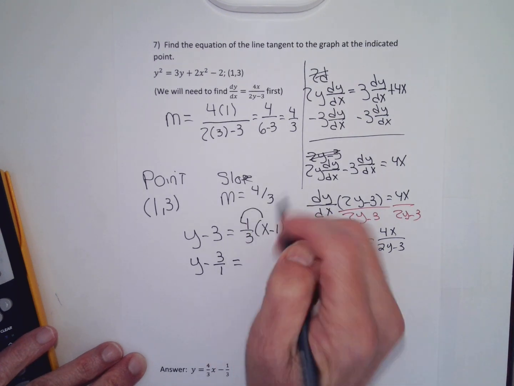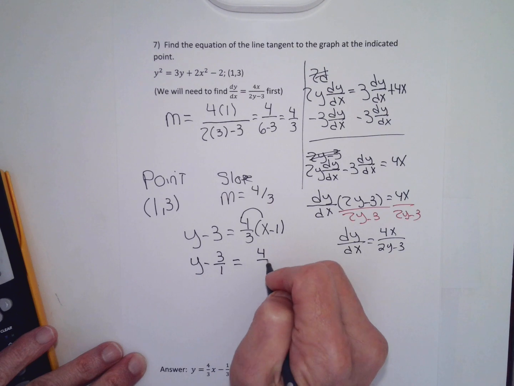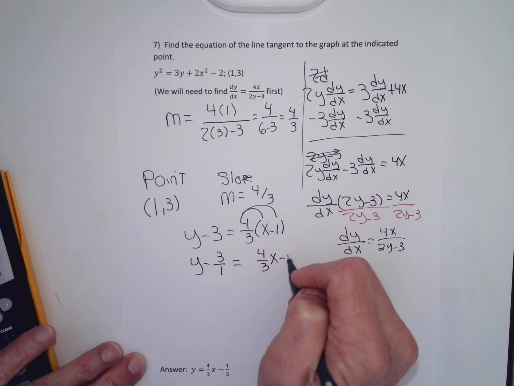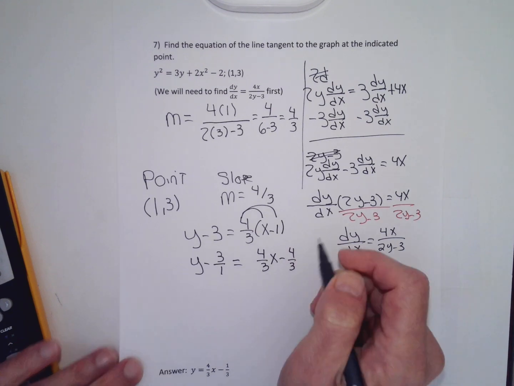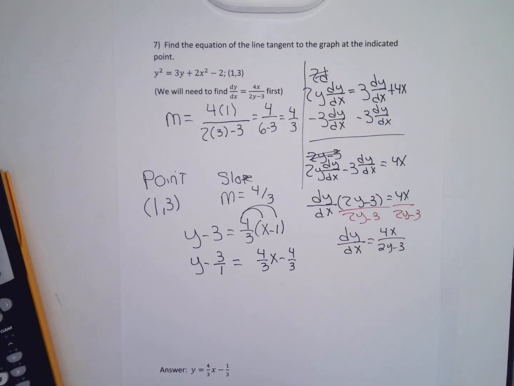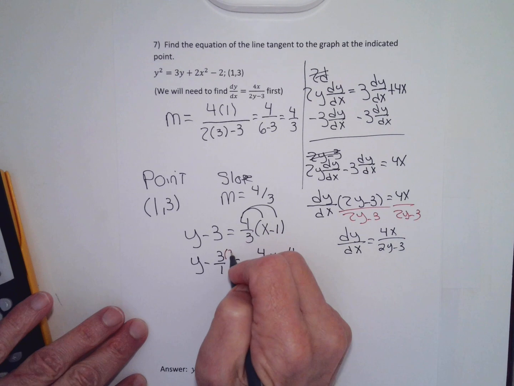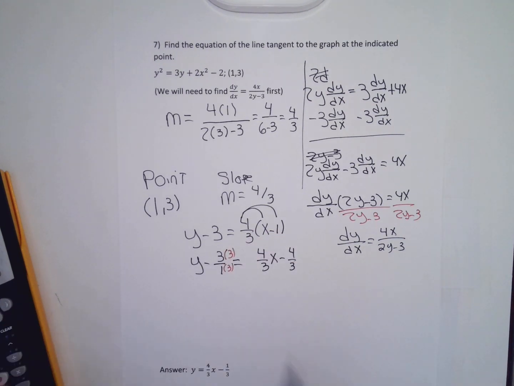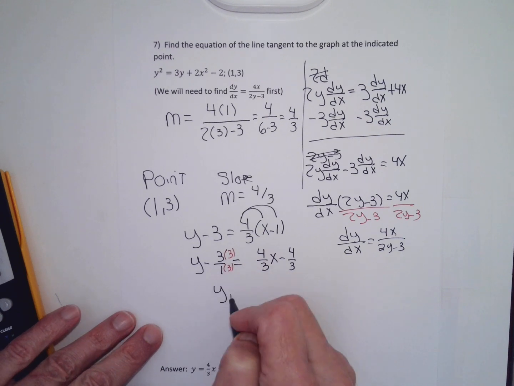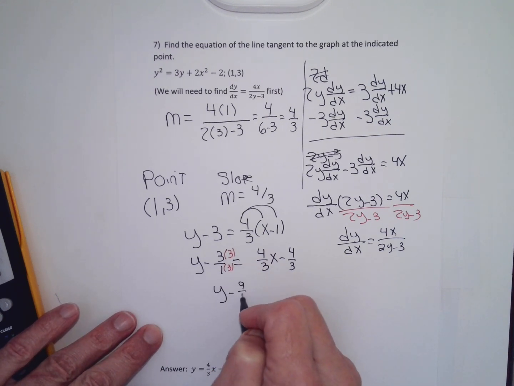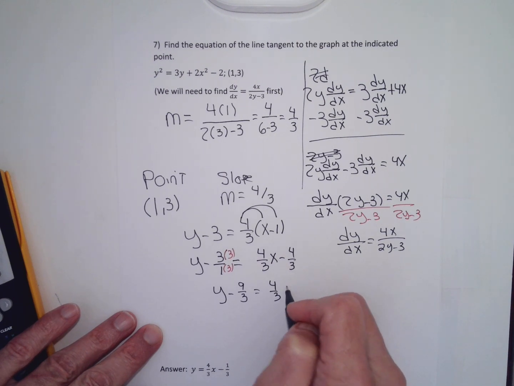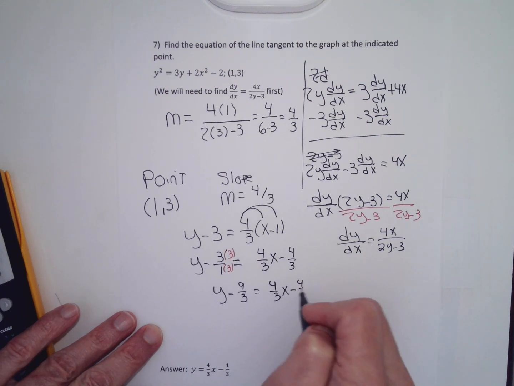And then I'm going to multiply 4/3 times x to get 4/3 x, 4/3 times minus 1 to get minus 4/3. And now I need to set it up to solve for y. So this 3 that I snuck in and wrote as a fraction, I'm going to multiply by 3 over 3. This is going to give me y minus 9 over 3 equals 4/3 x minus 4 over 3.